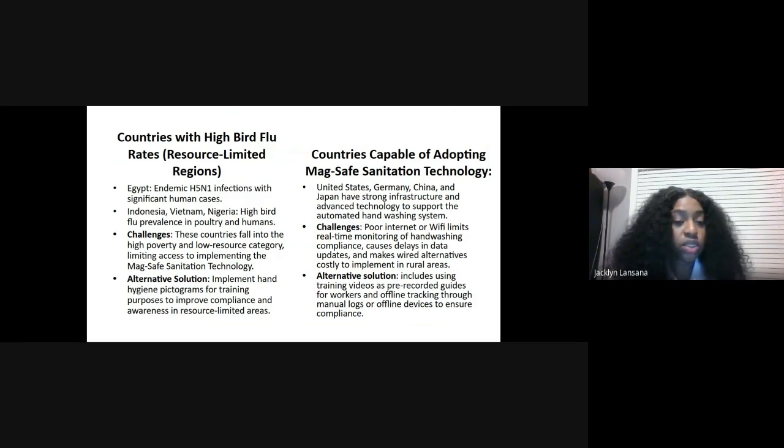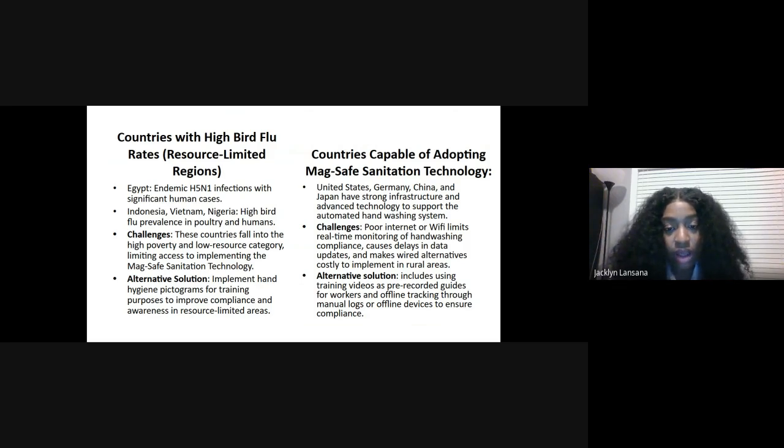Again, due to these countries facing challenges such as lack of internet or lack of water access, it might not be very beneficial. And we do have alternative solutions, such as implementing hand hygiene pictograms for training purposes to improve compliance and awareness in the resource limited areas.